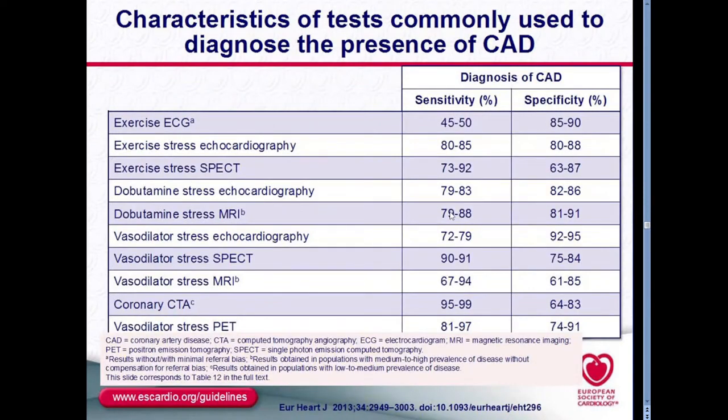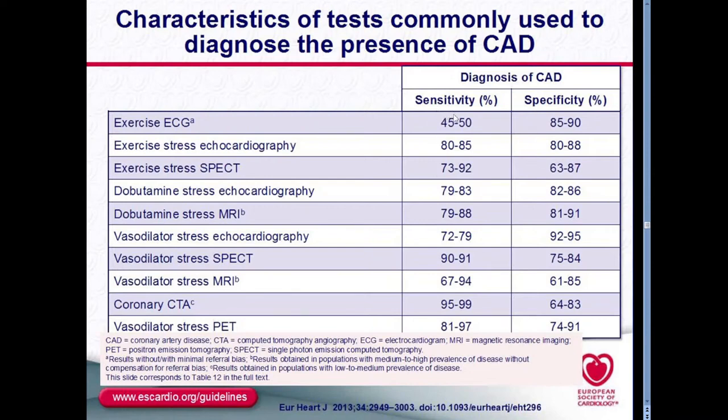The next, you see here, our task is to confirm the diagnosis in the patient having some clinical suggestions about the coronary artery disease. And you see here these are the sensitivity levels and specificity levels. So what does sensitivity mean?